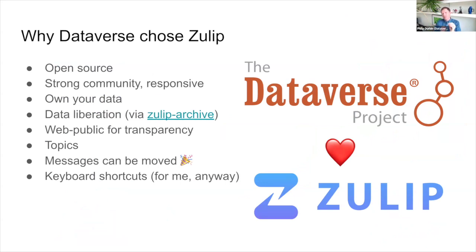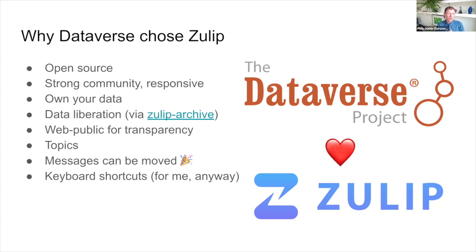And then I also use a bot called Zulip Archive, where all of our web public channels, I'm just mirroring to GitHub. So that way, the data is not all just in their cloud. I have a copy on my laptop, a copy wherever I want, I can clone that archive. I've talked already about transparency and how important that is to us, and this web public option gives us that.